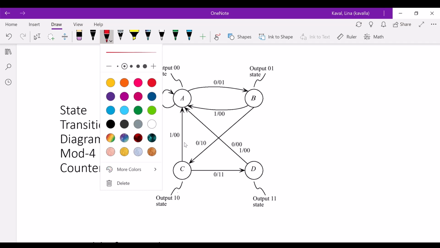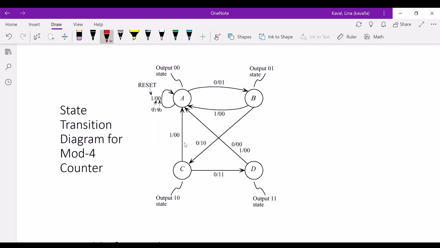So how mod 4 is, it counts from 1 to 4, right? So we have our 0 state, 0, 0, and then if you add a bit, it's 0, 1, 1, 0, and then 1, 1. If we add again, we'll get 0, 0 again, right? So that's how it keeps going in the counter. So that's why here we have 4 different states you can be in, because 0, 0 is just going to go back to 1, right? So that's why we have A, B, C, D.